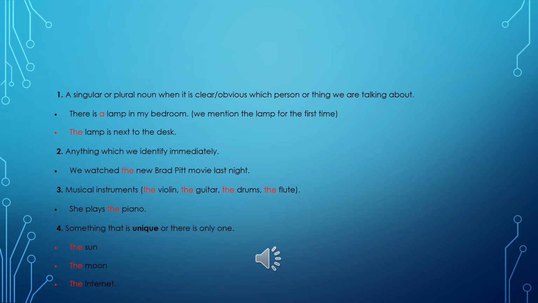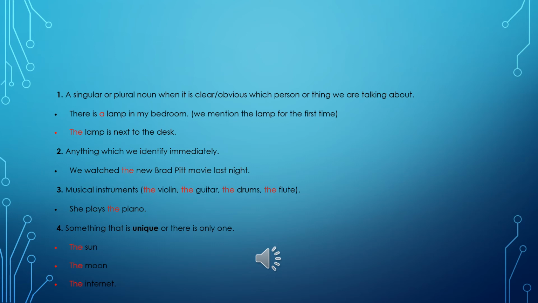We mention the lamp for the first time, and that's why we use it with the indefinite article a. After that, as you already know which lamp I'm talking about, I use the lamp with the definite article the. The lamp is next to the desk.